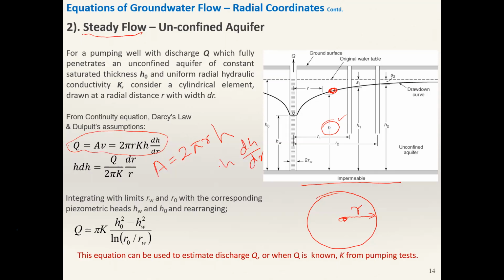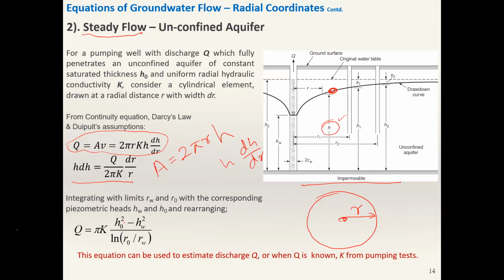Right? So that you do the integration again one time for this equation. Then you can find out a relation between the flow rate, hydraulic conductivity, radius, and the water level. Right? So again, very simple. What you need to do is to use a couple of boundary conditions.